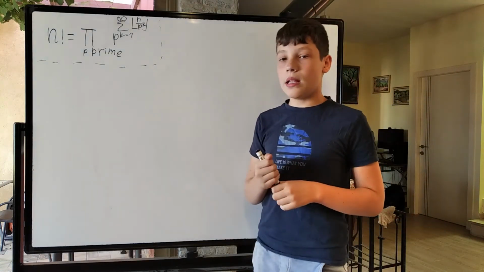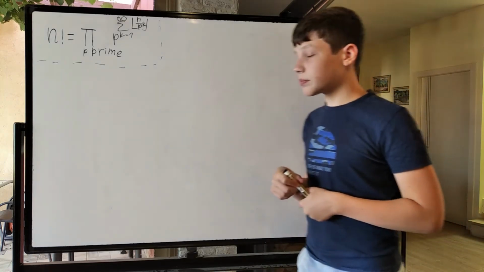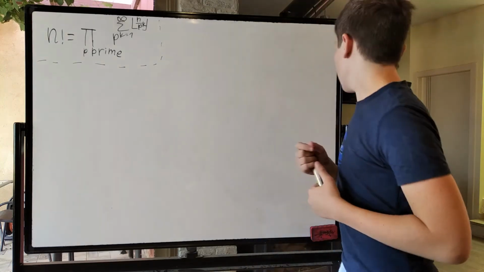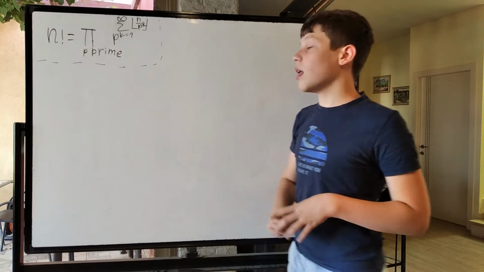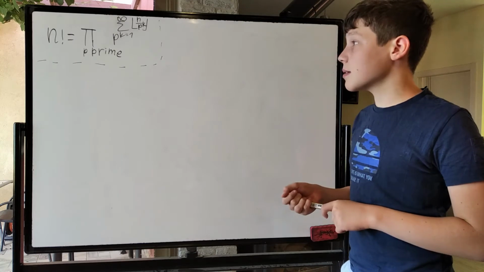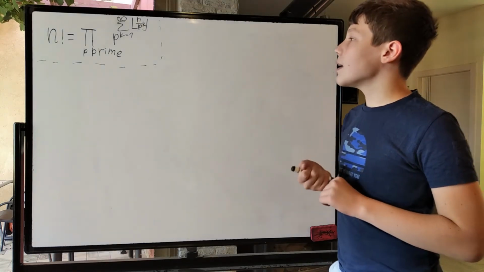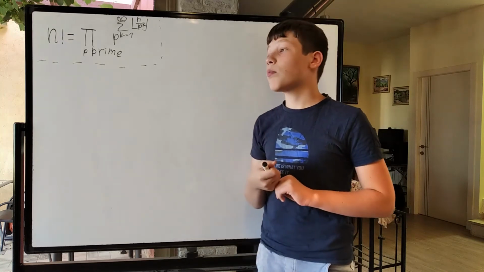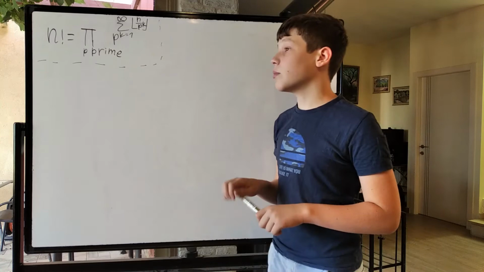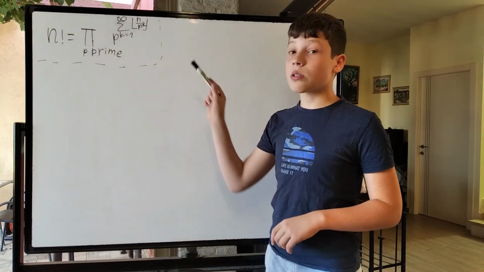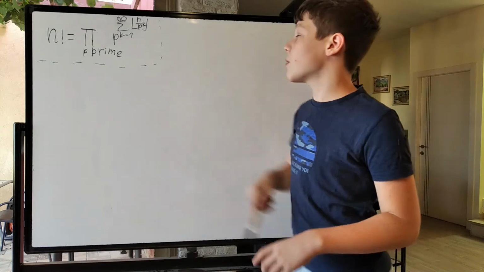So what we're going to do is simply look at a certain prime number to show why the power works, and then we're going to see quickly why that works for all prime numbers. And that will mean that the prime factorization of it will just be the product of all the primes to the power of this, which is the power of each prime.